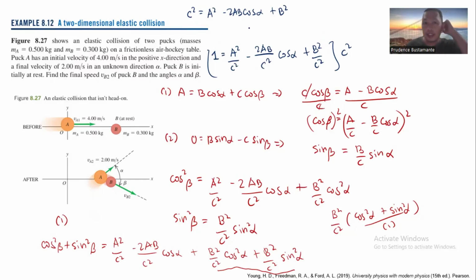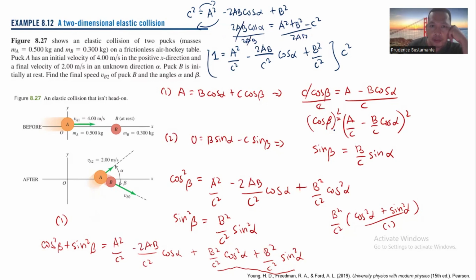If we transpose this one to the other side and this one to the other side, we have negative 2AB cosine of alpha is equal to C squared minus A squared minus B squared. So cosine of alpha is equal to A squared plus B squared minus C squared over 2AB.